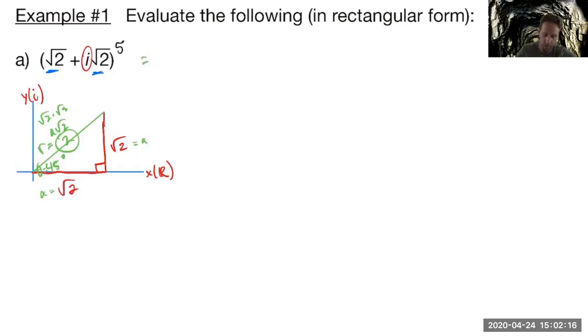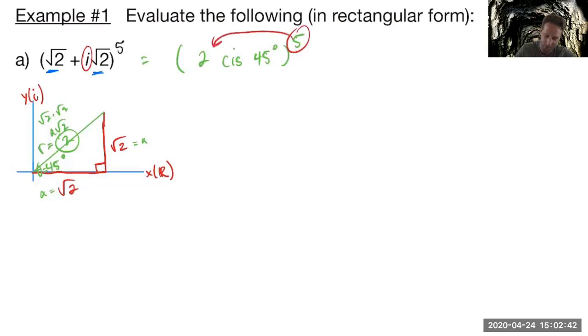So I can rewrite this whole thing, which is to the 5th, as R, which is 2, cis theta, which is 45 degrees. And now we can apply de Moivre's theorem to this. Much simpler than doing what I originally had up and raising root 2 plus i root 2 to the 5th, or multiplying it out times itself 5 times.